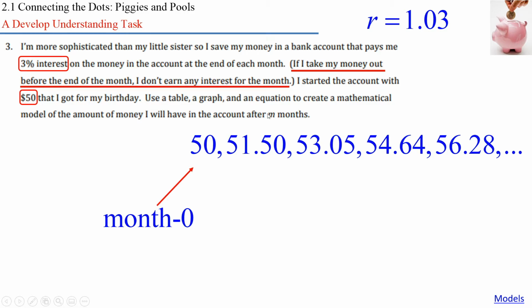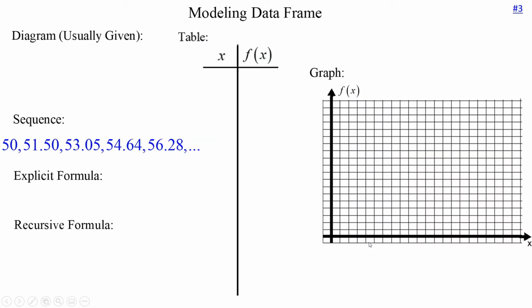If I take my money out before the end of the month, I don't earn any interest for the month. So I'm going to have values at the end of every month. Okay, if I take out my money before the end of the month, I lose that interest. So I'm not worried about things between these numbers, only these numbers, the amount of money I have at the end of the month.